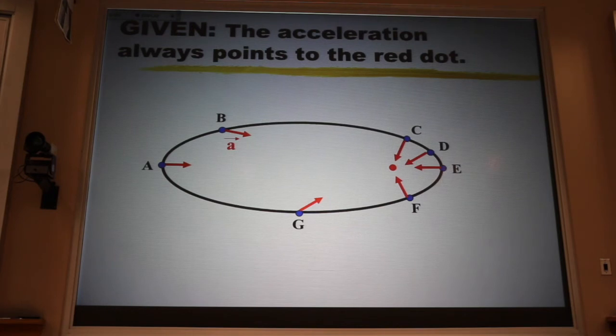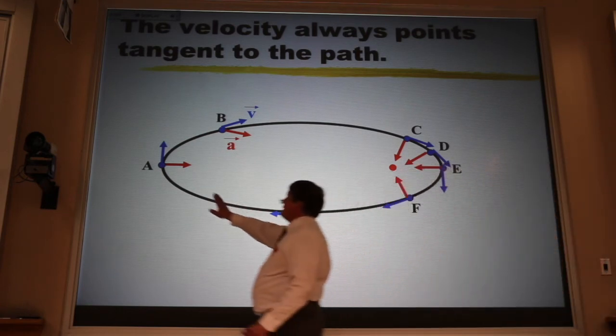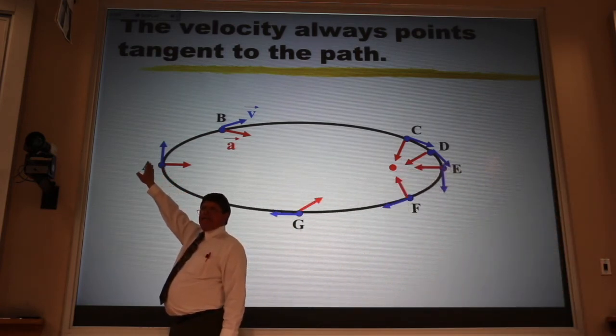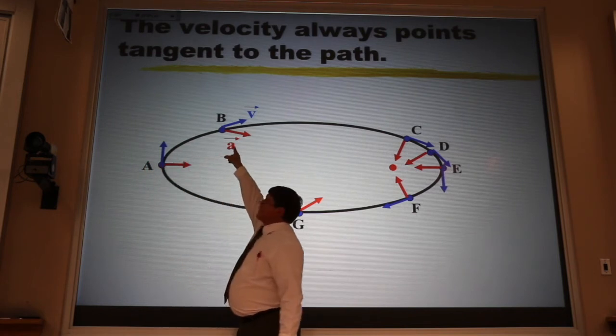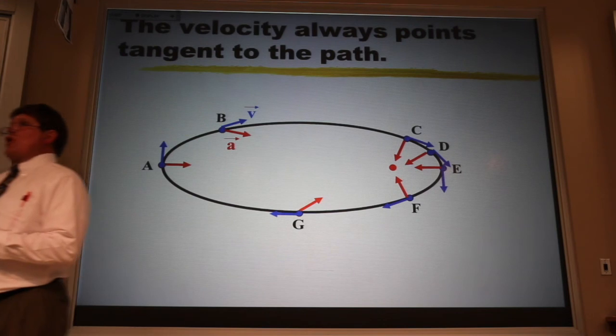Now it gets harder when we are asked about the velocity. The velocity is tangent to the path. But the question that makes it difficult is, how long should I draw those vectors? If I assume that this vector is the correct length, how long should I draw the vector at B? Should I draw it the same length, longer, or shorter?